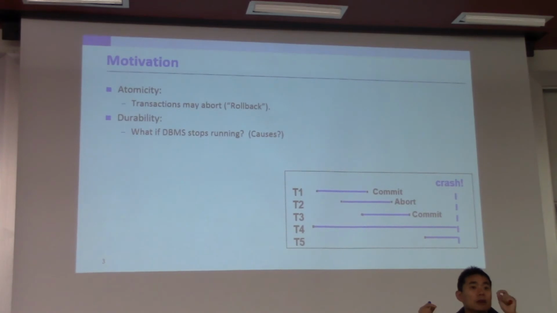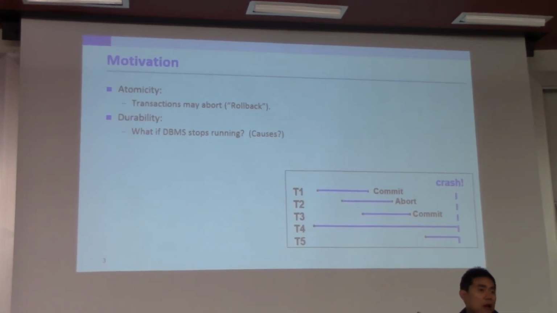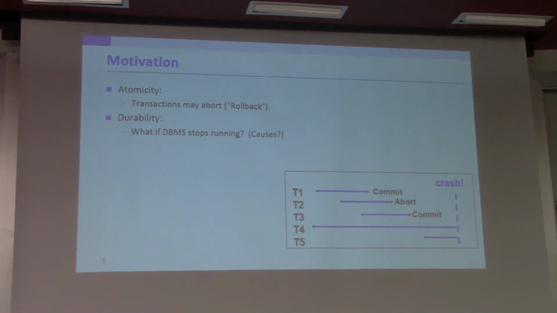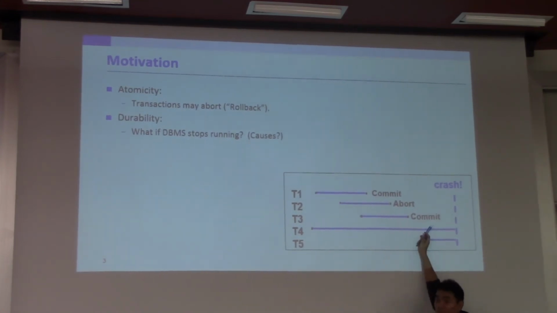For example, you place the order, and 10 minutes later a warehouse burns down. Most likely your items haven't been shipped out yet. If your items have been shipped out, then warehouse burned down, earthquake, whatever, I don't care. But if it's right after, those changes are not permanently reflected in the database yet.